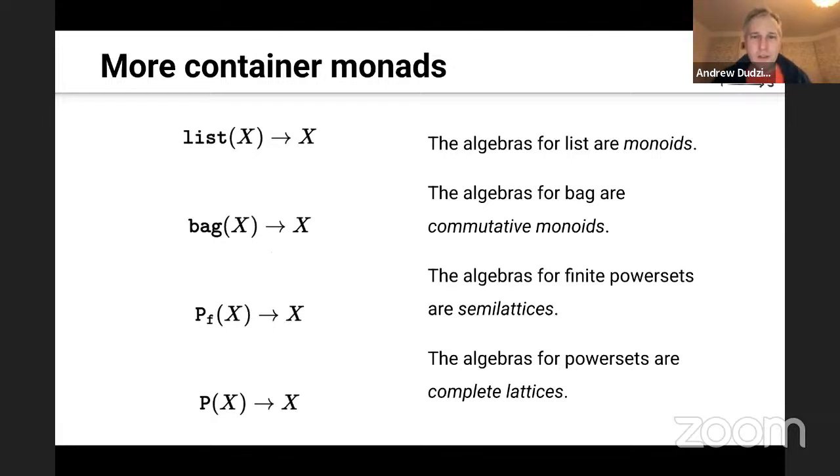So by this reasoning, an algebra for the bag monad should be able to handle the list monad somehow. It should do fine with lists, but it has to treat them uniformly. It won't be able to tell the difference if you reorder the list.